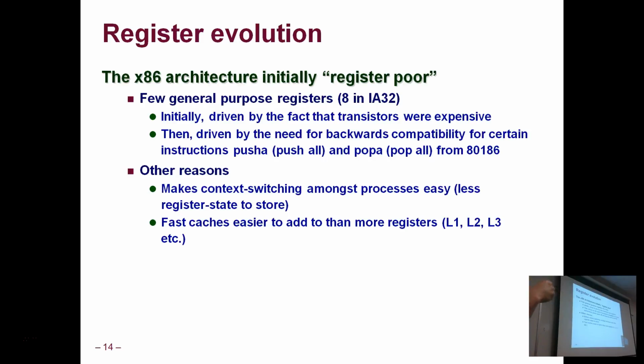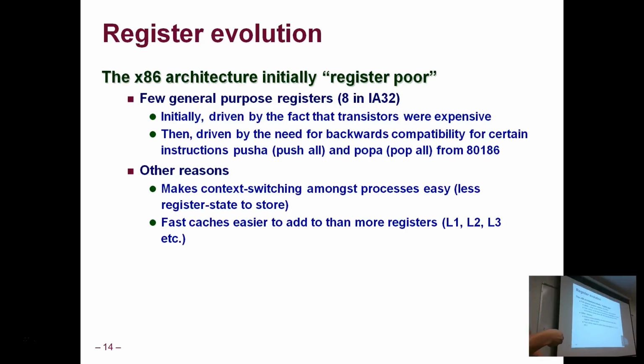There are specific instructions in the x86 architecture, push all and pop all. These instructions assume a certain number of registers. Push all was used for context switching. It says take all of the registers and push them all onto the stack. So if you want to switch from one process to the other, you would execute that instruction once, and then you could call into the operating system to say, okay, switch me with some other process.